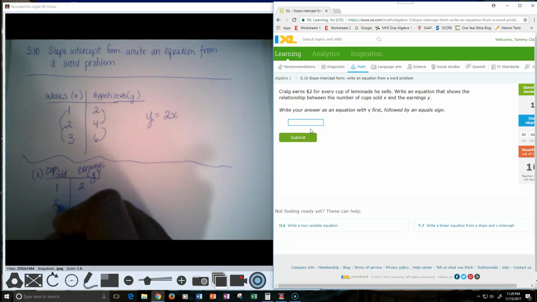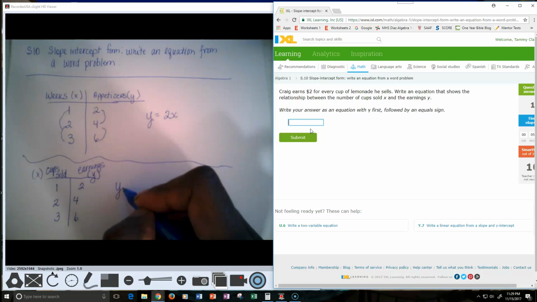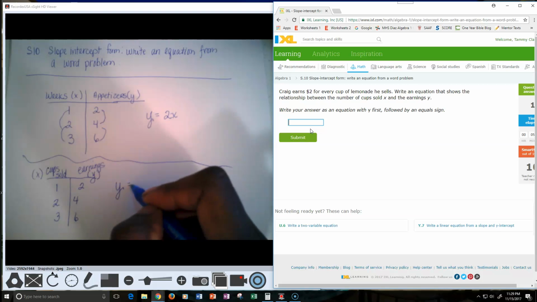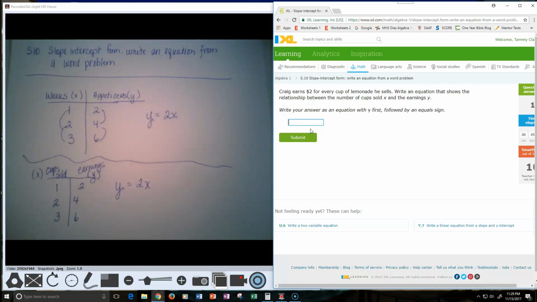If he sells 2 cups, he earns 4, 3 cups, 6, and so forth. So the total amount that he earns is equal to the number of cups that he sells at $2 each. So again, Y is equal to 2X.